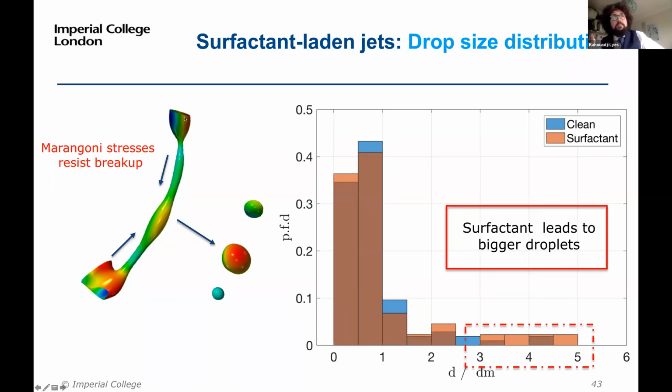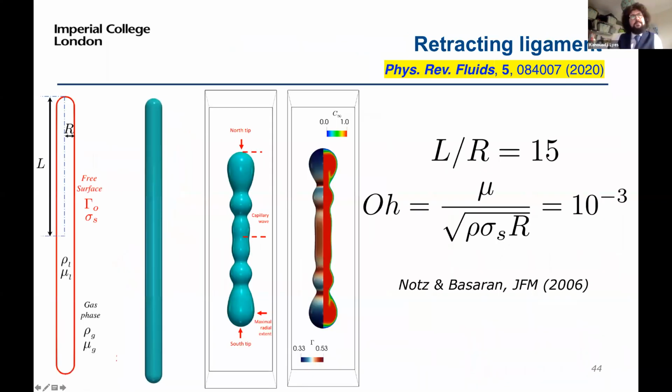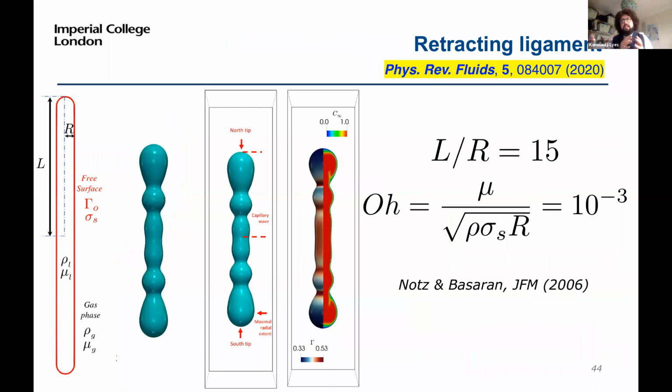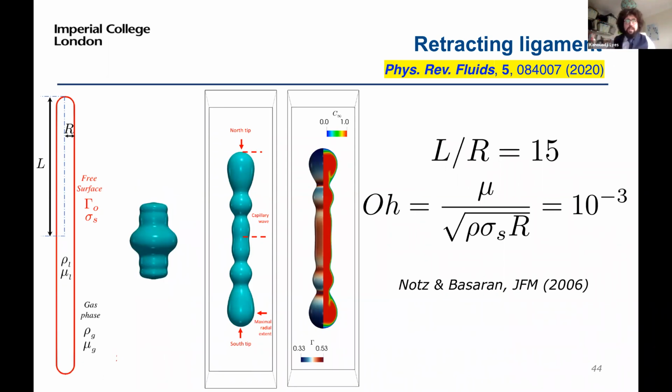And you see here a ligament. We just isolate a curved ligament, and we plot it with the Marangoni stress. And you see here the concentration of the surfactant. So that's what it gives us when we isolate the mechanism of the ligament. We step aside from this jet flow and just study the ligament alone.